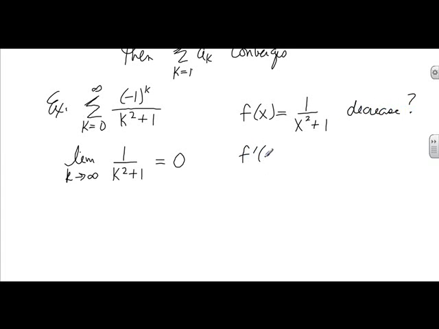The derivative of this function ends up being negative 2x over x squared plus 1 squared, which is less than 0.